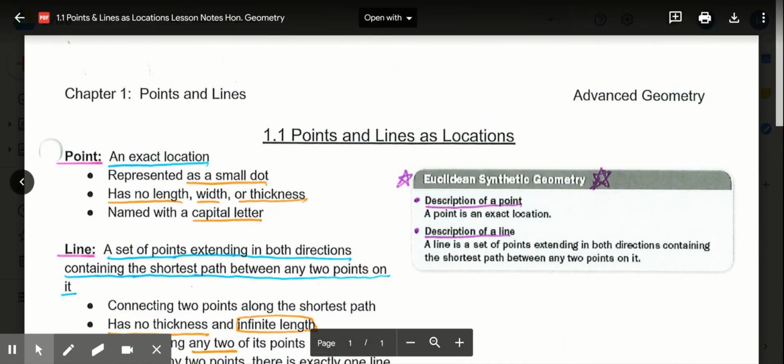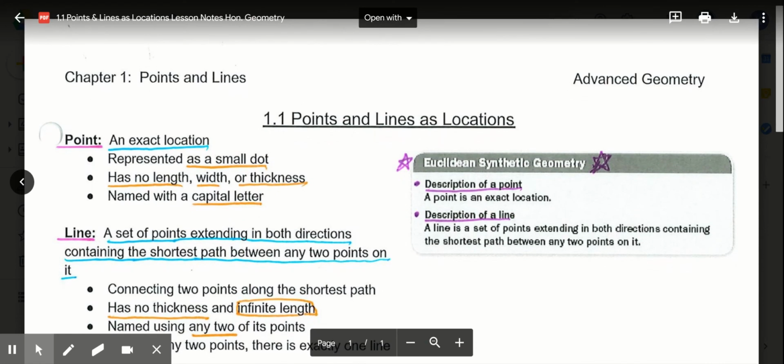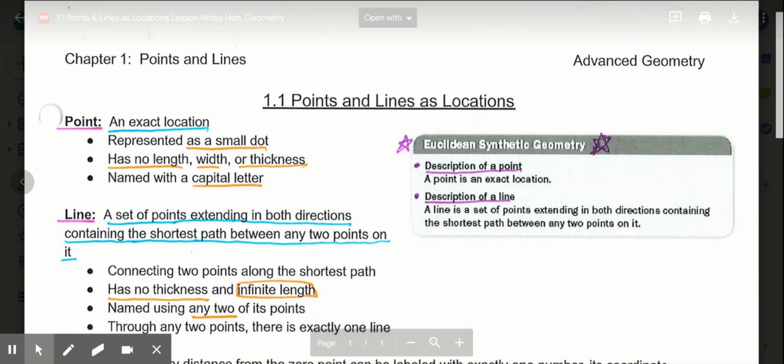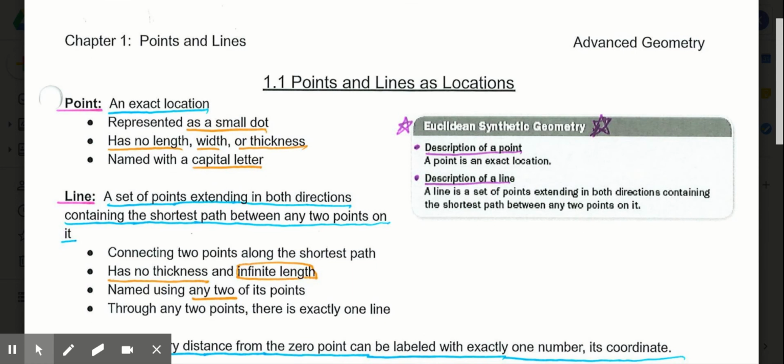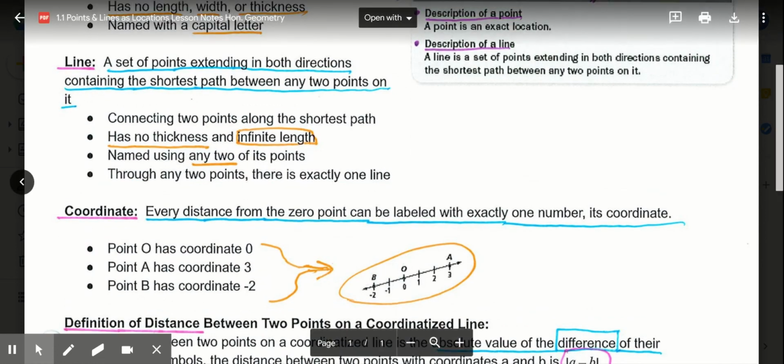So, for this lesson, the key concepts come back to really understanding the idea of a point and a line. A point just represents a location, and a line is the shortest path connecting 2 points. Any point can be labeled with a coordinate by giving it a value.